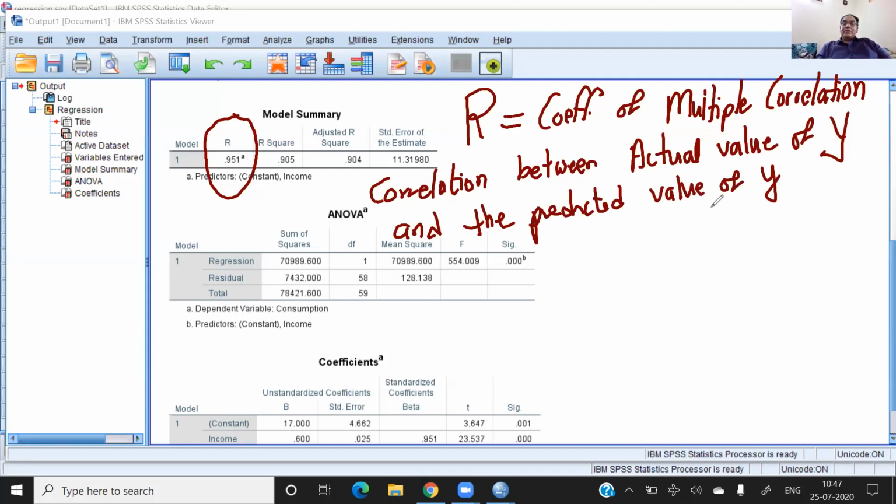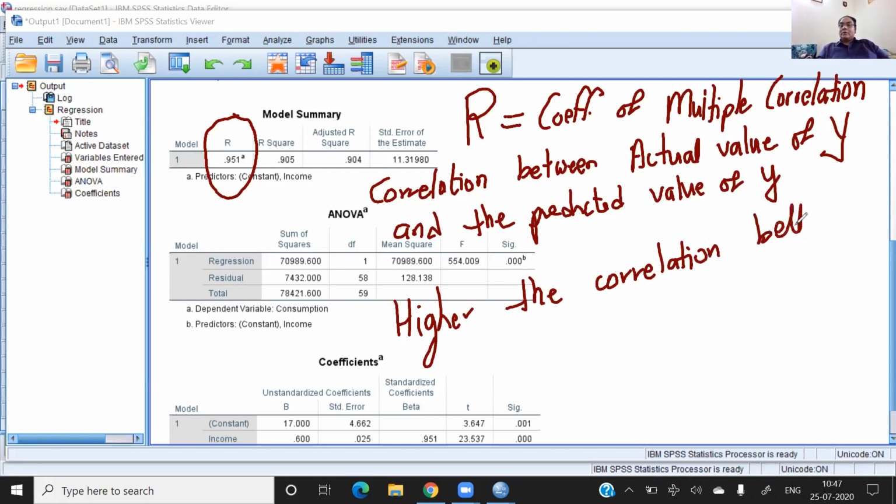You can see that this is the correlation between the actual value of y and the predicted value of y. I hope you understand this. And the higher this correlation, the better it is. Second thing, you should understand that the higher the correlation, the better it is.